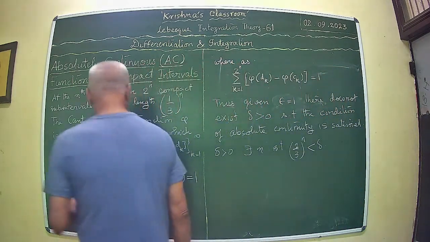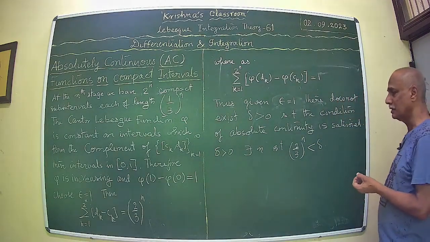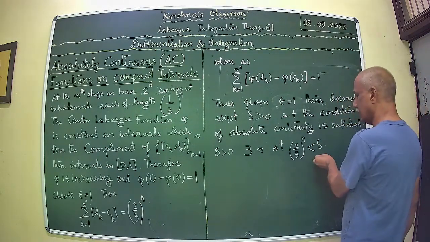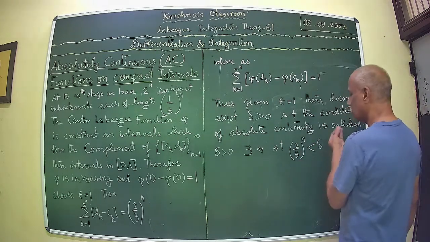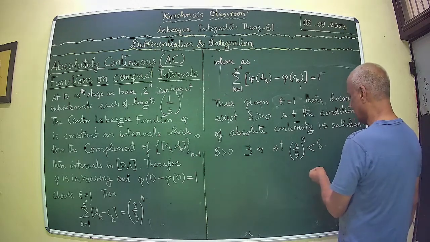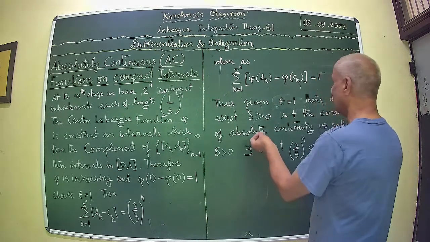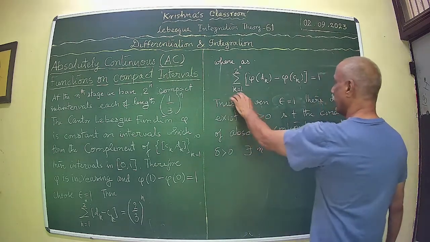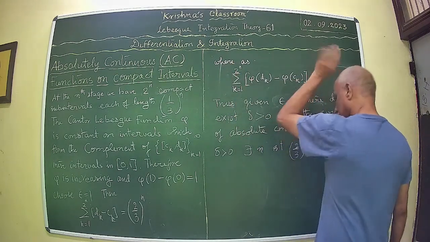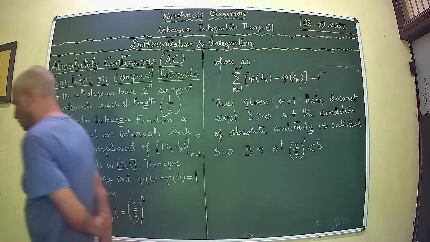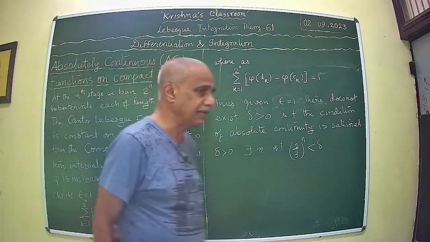Okay, therefore you see that you cannot choose a delta such that for which you have this sigma k equal to 1 to 2 to the power n is less than 1. That is not possible. So the condition of absolute continuity would fail.